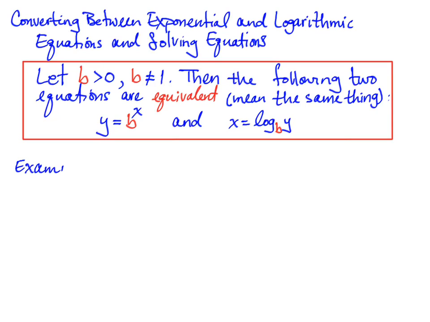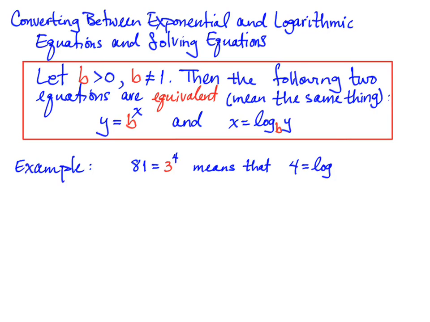And so let's see how to use these two equations, how to go back and forth between exponential and logarithmic. So let's start with the exponential equation 81 equals 3 to the 4. Let's rewrite this in logarithmic form. So 4 is the exponent, so that means that 4 is our logarithm.